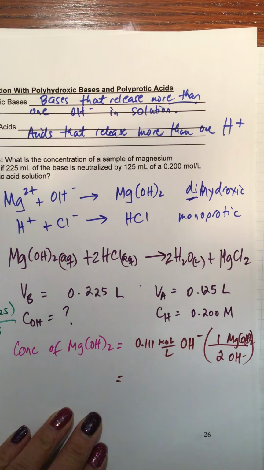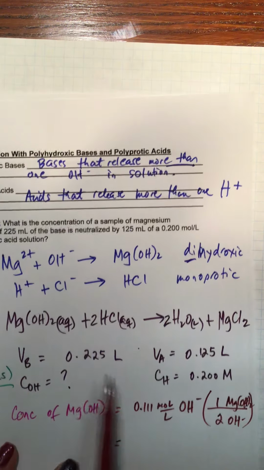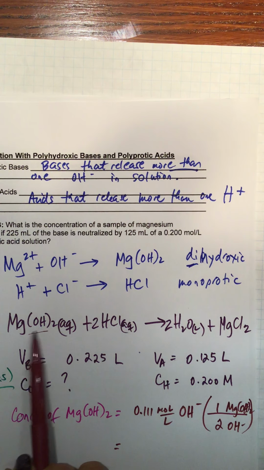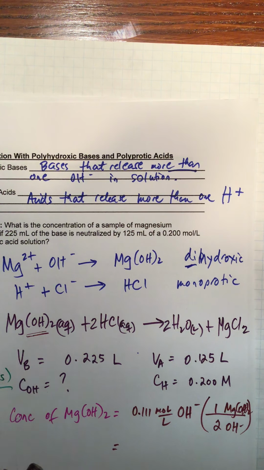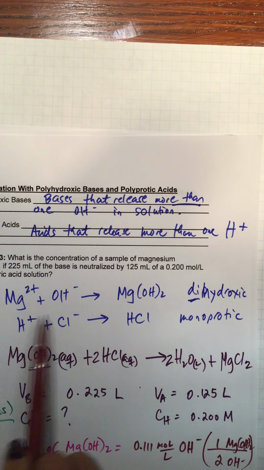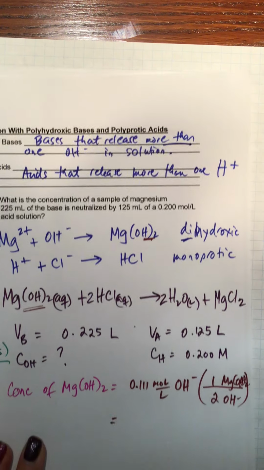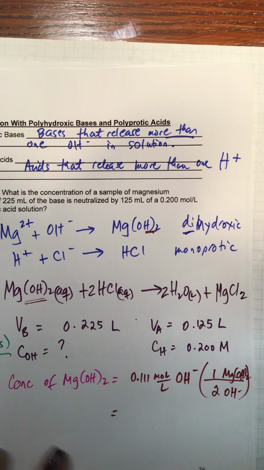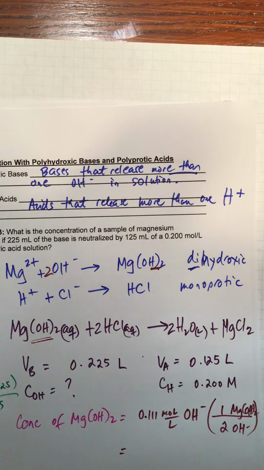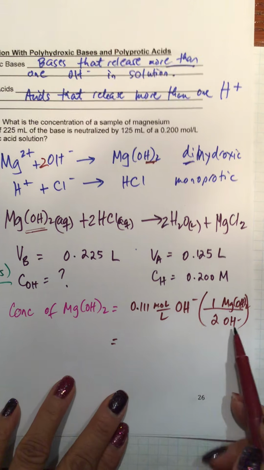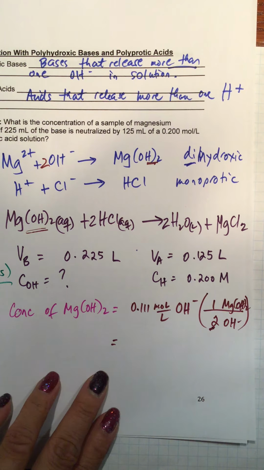That's a ratio based on the stoichiometry of the balanced chemical equation. So you can see 1 magnesium hydroxide will produce 2 hydroxide when you balance the chemical equation up here. That's how I got the 2.